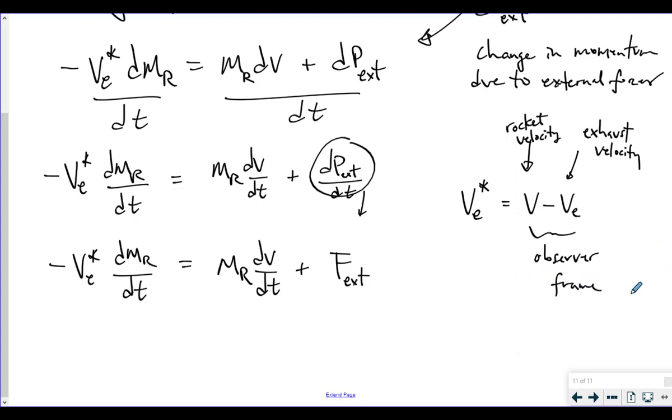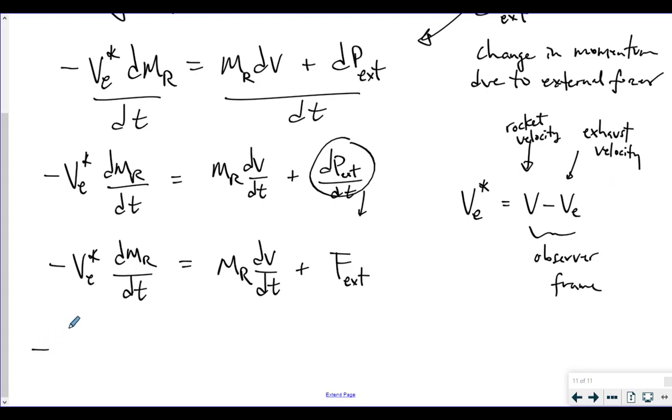So if you were observing the rocket, this would be the velocity that you observe measured relative to some fixed points in the observer's frame, and this is the velocity of that exhaust relative to fixed points and positions in the observer's frame of reference. So I'm going to put that V minus VE back into the equation here.